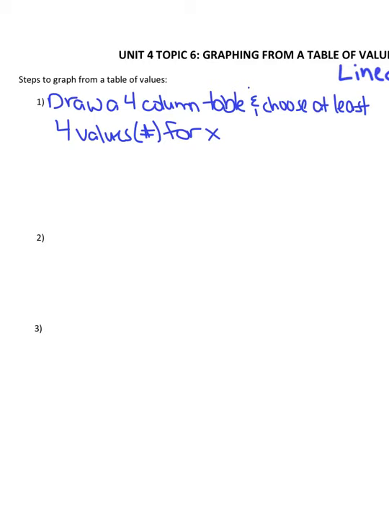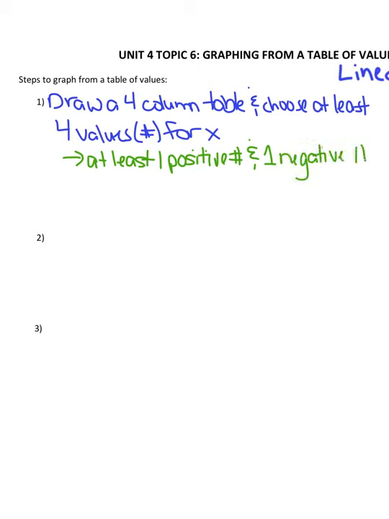When you pick these values, I have 2 rules. You need to have at least one positive number and one negative number. You can't just use the positive numbers because we need to make sure that you are accurately graphing.